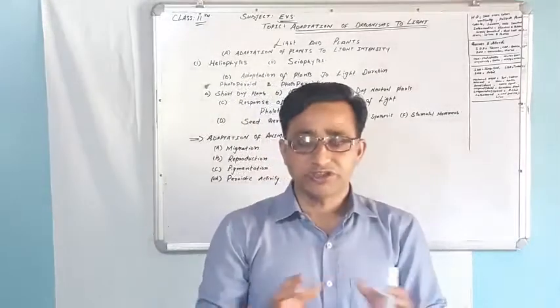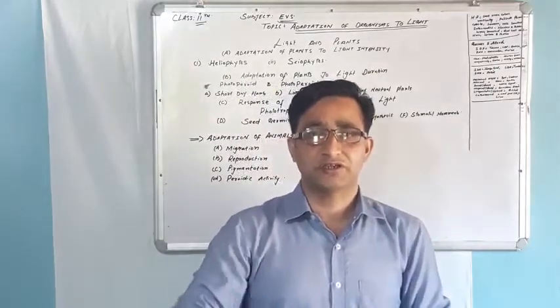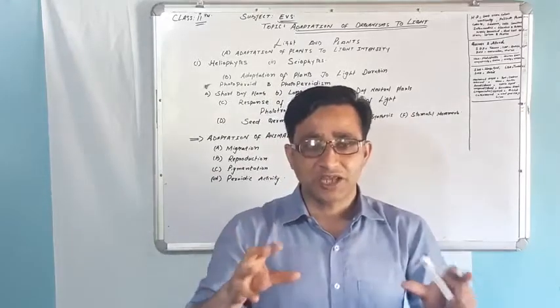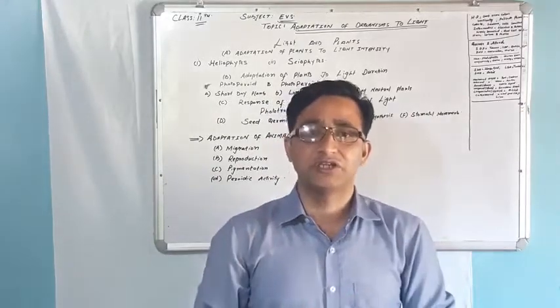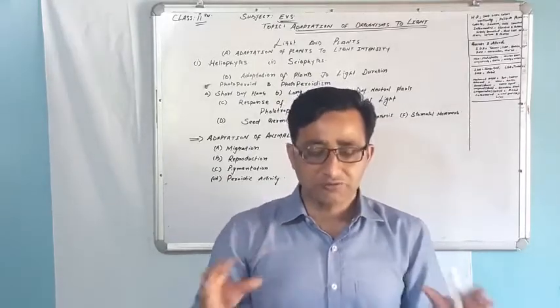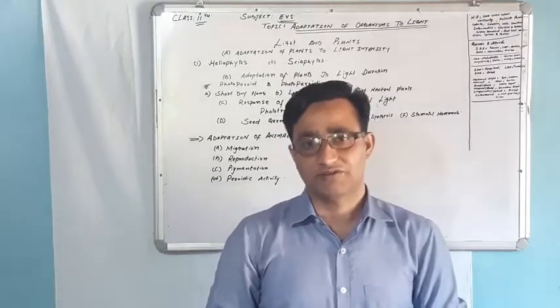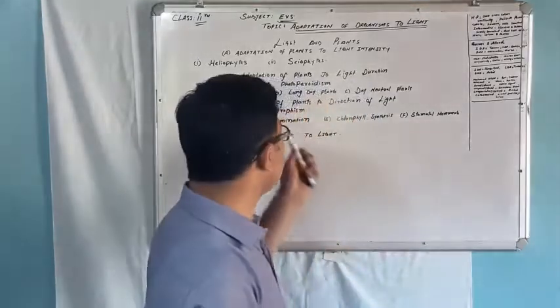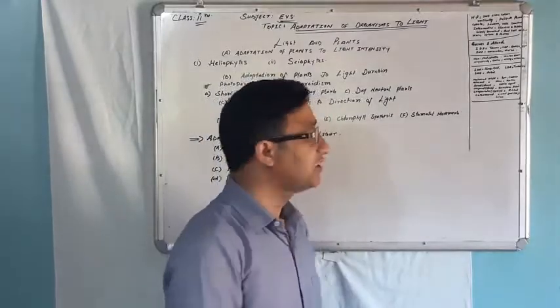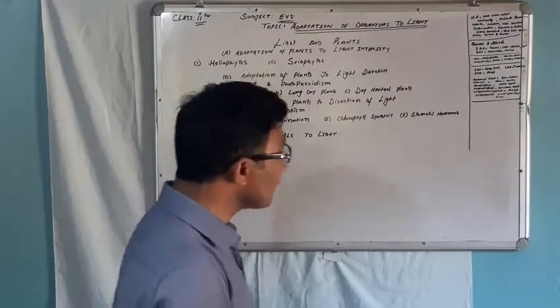Cuticle is the outer covering around the epidermis, and this thick cuticle, which is made up of cutin, prevents water loss. So the first character possessed by these heliophytes is that they possess thick cuticles.